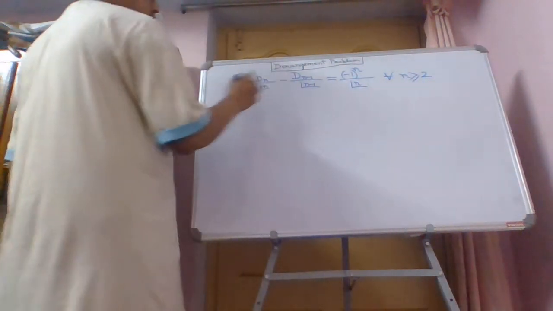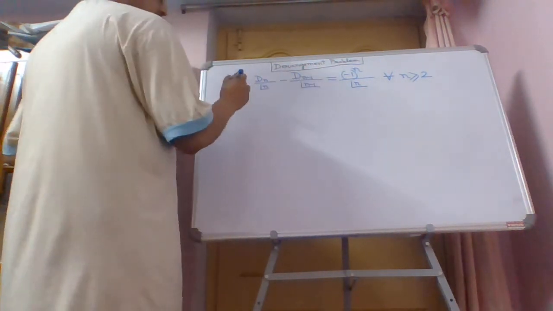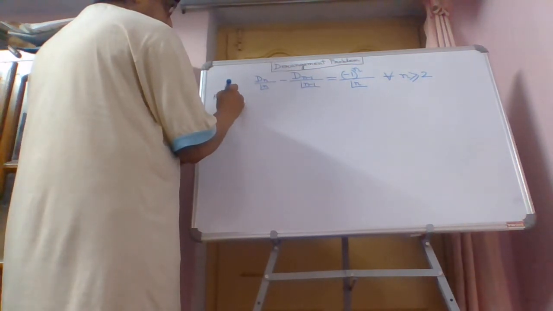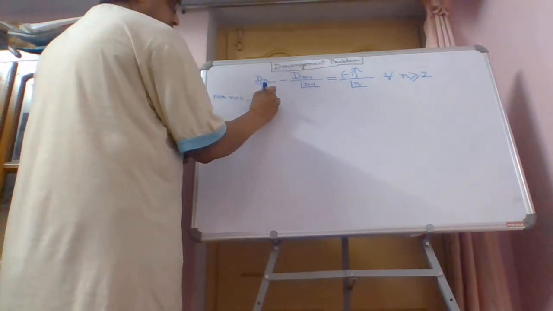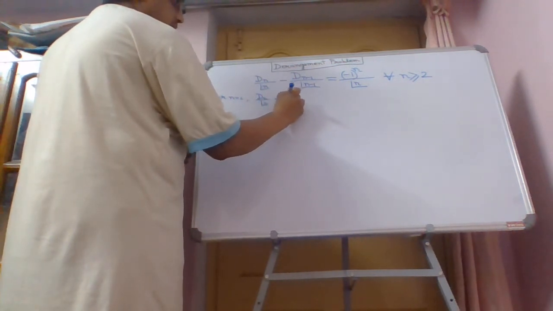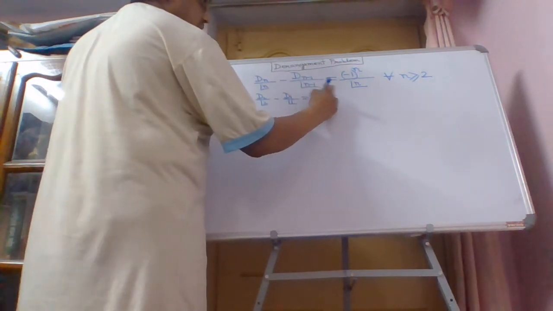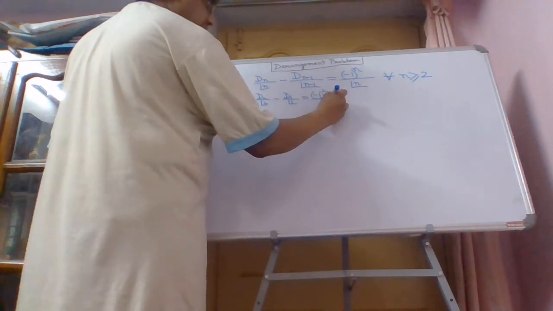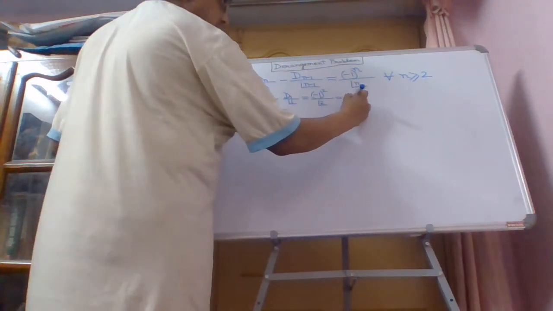Now let us substitute n is equal to 2 in this particular relation. So for n is equal to 2, we get d2 by 2 factorial minus d1 by 1 factorial must be equal to minus 1 to the power 2 divided by 2 factorial, and that must be equal to 1 by 2 factorial.